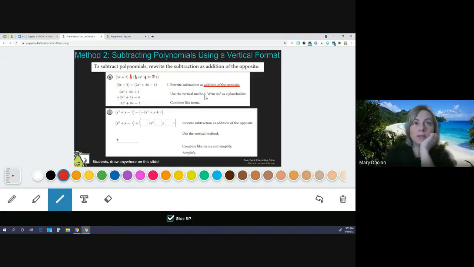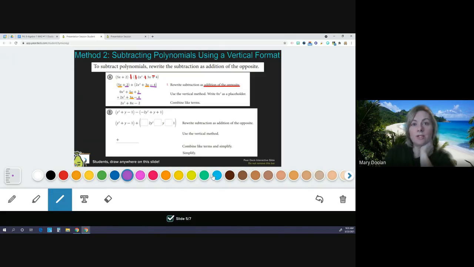Using the vertical method, we're going to line up our like terms. We have a 5x term and another x term on the second one. So these guys will get lined up. That's why there's 5x and 3x here. We have a constant of 2 and a constant of negative 4. So we have to make sure those are lined up.